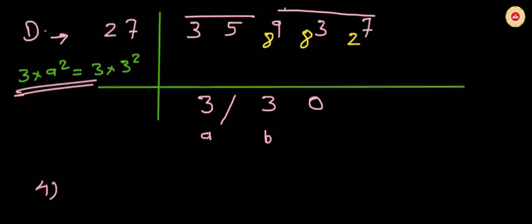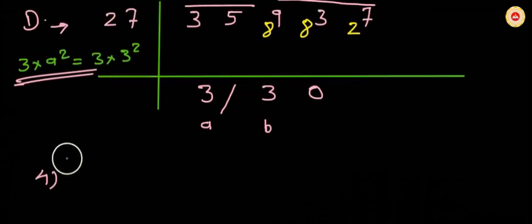Yes. Fourth step is, what is the fourth step? To calculate the net dividend. 27 minus, see, let me name this digit as C. First digit A, second digit B, third digit C, right? In this way you have to name it. That will help you in the calculation of duplexes and triplexes.